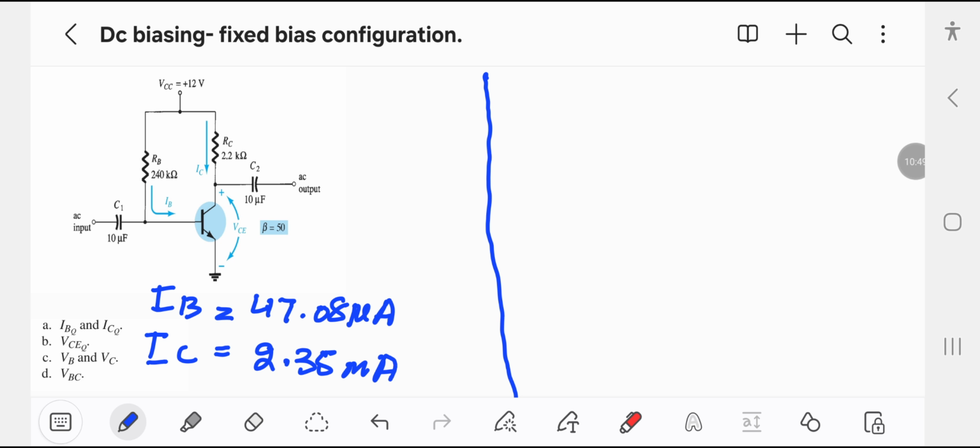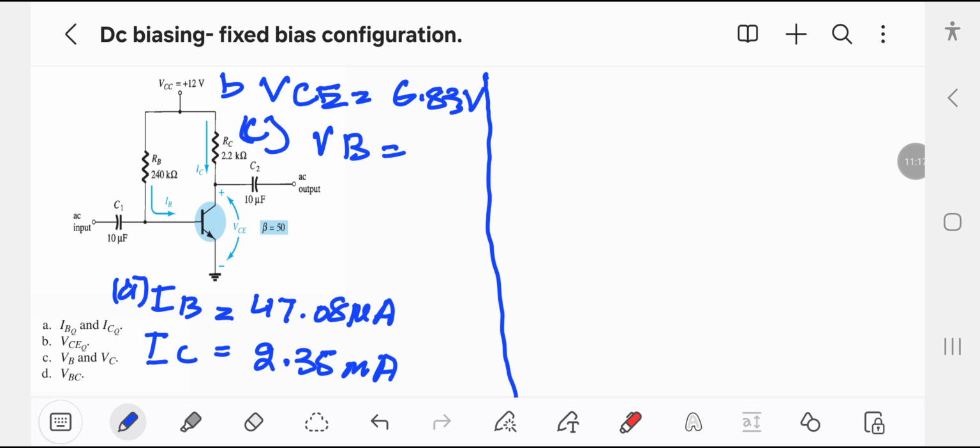Now VCE is actually equal to 6.83 volt. So this is the B case, this is the A case, and for the C case, VB is equal to 0.7 volt, and VC is actually equal to 6.83 volt.